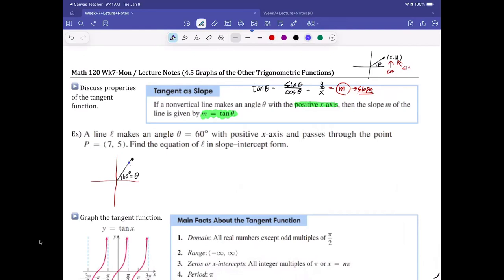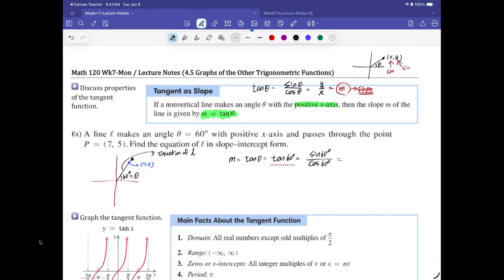So what is the equation of line L? First we have to find the slope. Slope is tangent theta, and we know theta is 60. So tangent 60 is sine 60 divided by cosine 60.